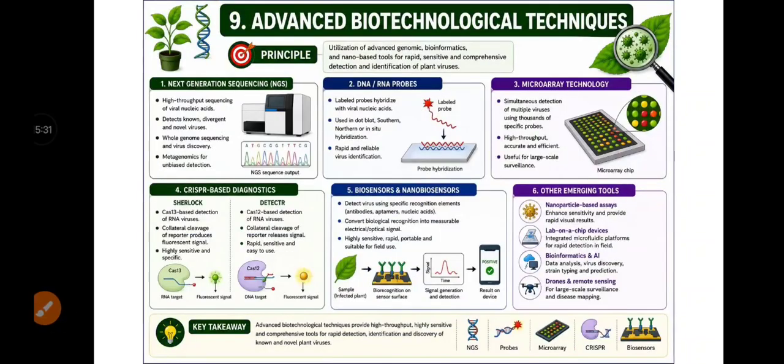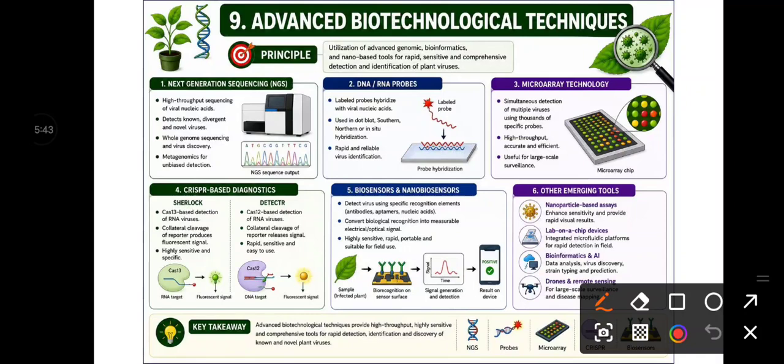Next, about advanced biotechnological methods. Advanced biotechnological methods include use of genomics, bioinformatics, nano-based tools, and rapid, sensitive, comprehensive detection and identification of virus. Generally it is more advanced than ELISA and PCR. The most commonly used method is NGS, next generation sequencing.